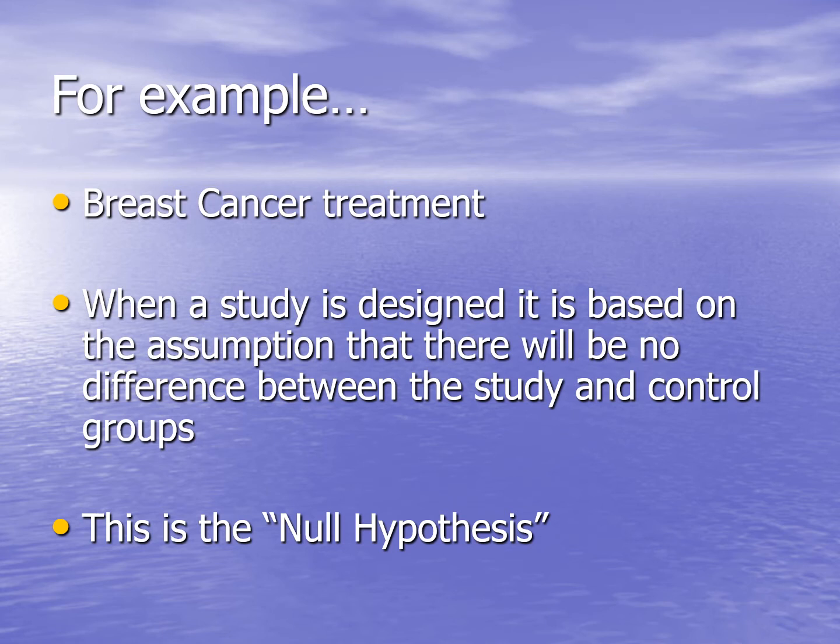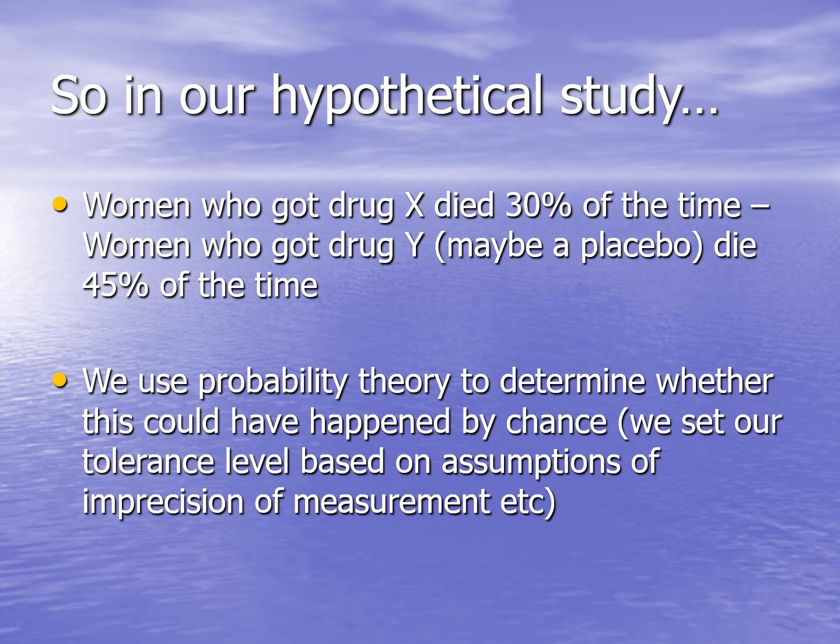We design a study, we use the control groups, we use the study groups, and we assume that there's no difference. So we assume that that's the null hypothesis. If we in fact find a difference, though, we'll reject that null hypothesis, accept the research hypothesis, and move forward with the idea that this has evidence for it.